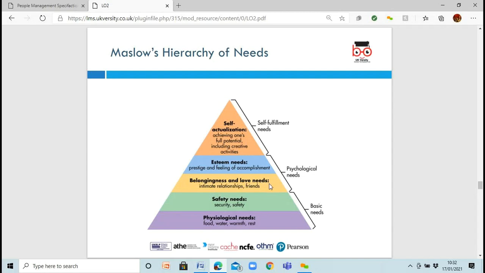Second is psychological needs, where it's belongingness and love needs, so intimate relationships and friends. And then within that are also esteem needs, so prestige and feeling of accomplishment. And then self-fulfillment needs are at the top of the pyramid, where it says self-actualization. So you're achieving your own potential and including your own creative activities to get there.